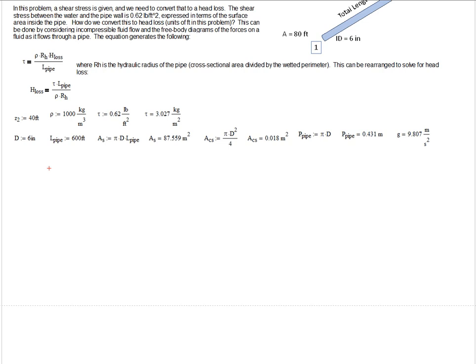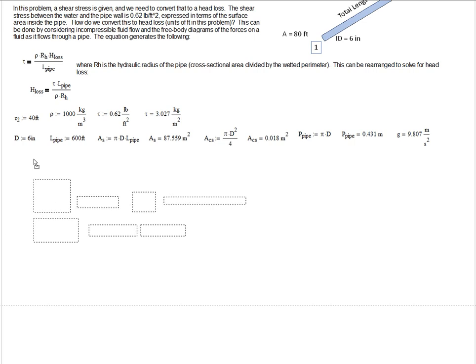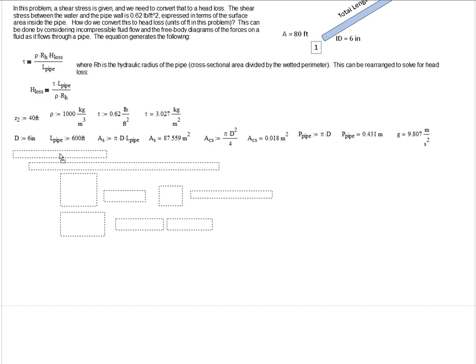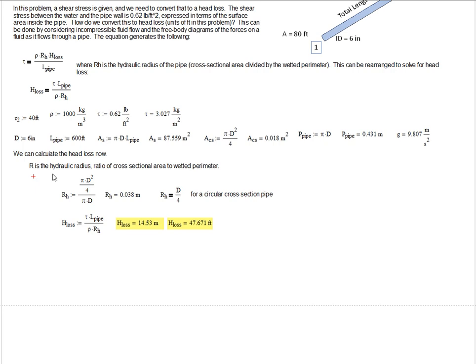First thing I'm going to do is calculate the head loss, and I'm skipping ahead, but it's just a simple algebraic equation now that we've got it. The hydraulic radius is the cross-sectional area divided by the wetted perimeter, and we're going to assume that the pipe is completely full. We don't have a partially filled pipe, which just wouldn't make sense given our flow geometry here.